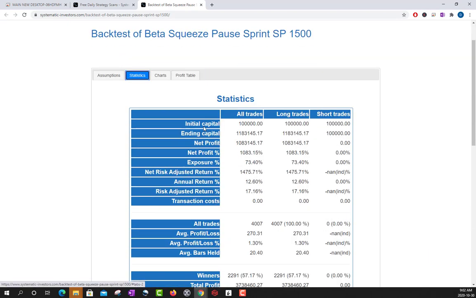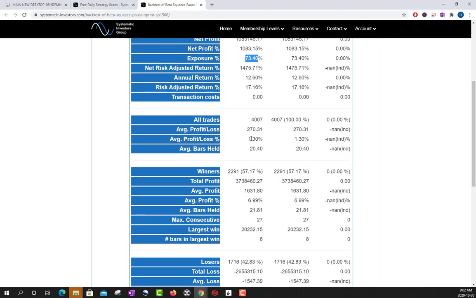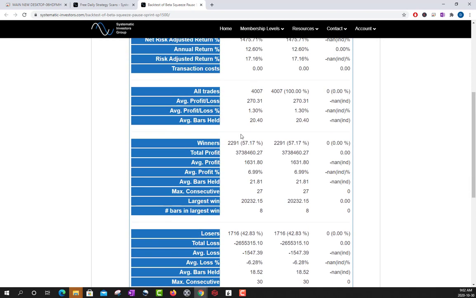If we look at the statistics quickly, you can see that it makes almost 13% per year and about 17% on a risk-adjusted basis because it's in the market about 73% of the time. I won't go over all the statistics.